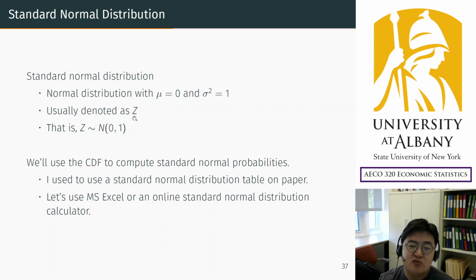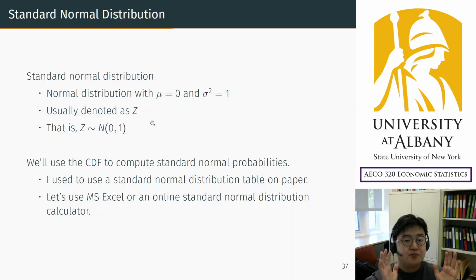And we are going to reserve z as a special notation for the standard normal distribution from now on. So whenever you see z from now on, it is almost always a standard normal distribution. You can write that z follows a normal distribution with mean 0 and variance parameter 1. And we will first study how to calculate with the standard normal distribution.